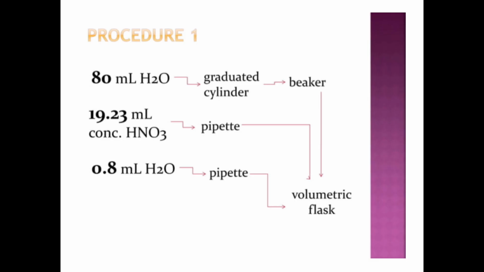By the time you have done this, of course you can mix them together to have an even distribution, and then to complete it, you just use a pipette to measure the 0.8 so that you can reach the mark on the volumetric flask. If you have been able to do that successfully, you have prepared that standard solution that is being required.